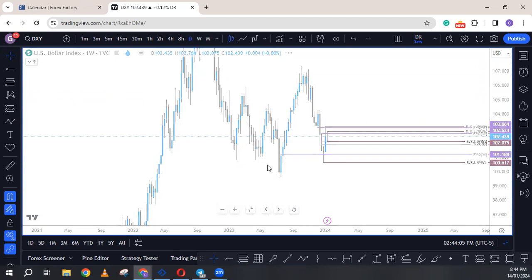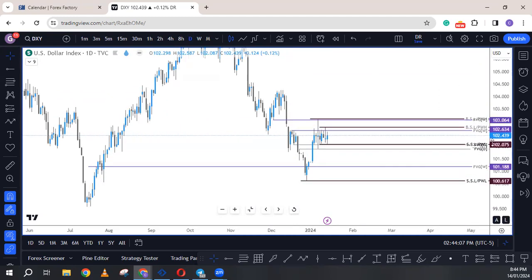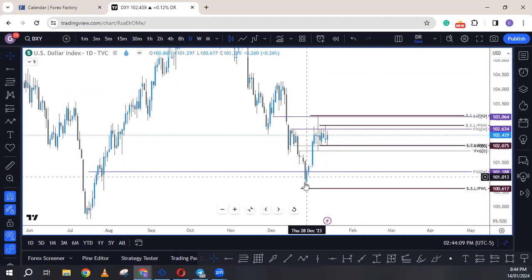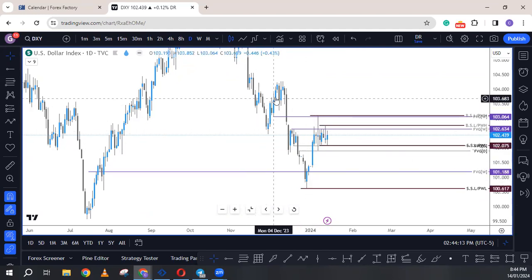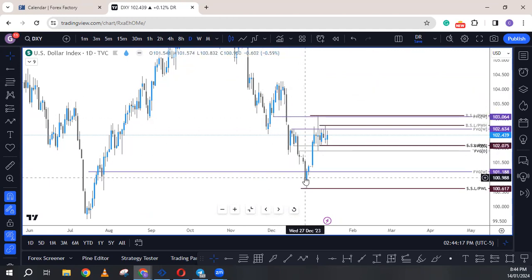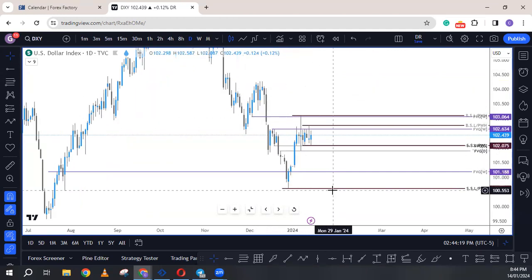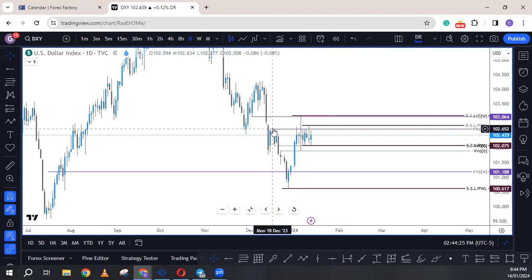But if you drop down now to the daily, you find out that it's in a retracement. The whole outlook still has a slightly bullish notation. Why? Because on the daily, this high here that made this low is still active.